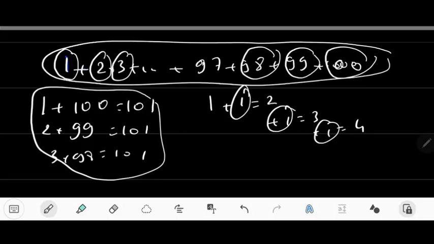So this kind of sequence, we call it an arithmetic sequence, when any number is obtained by adding to the number before it a given constant, the same constant each time.